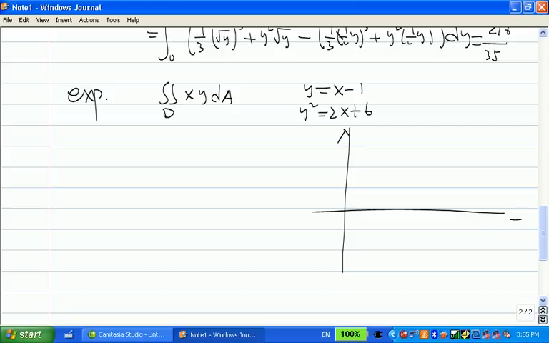First, let's see what our D looks like, in x and y. One boundary is a parabola, like that. Another one is a line.